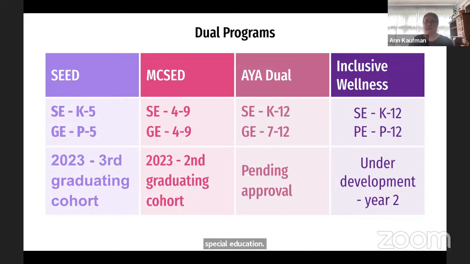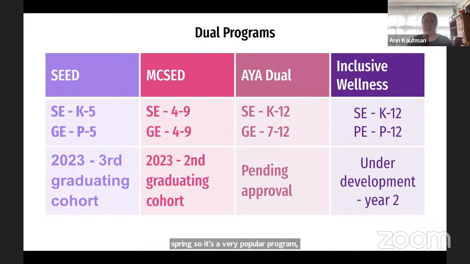With the second group graduating next year, I think I said next fall, but next spring, we anticipate the same number of students to get jobs likely before their student teaching semester ends, which is what happened this past spring. So it's a very popular program.